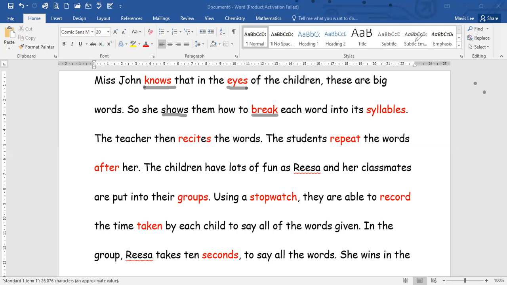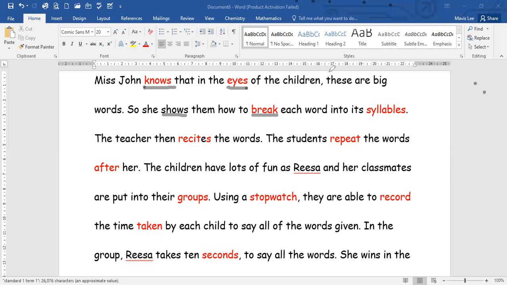They're looking at the Amerindian place names and they're looking as though those words are big words. So as a teacher, Miss John has to teach the children how to pronounce the words properly. And that's what we're doing right here. Okay?